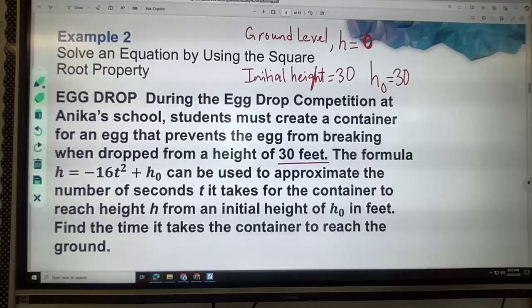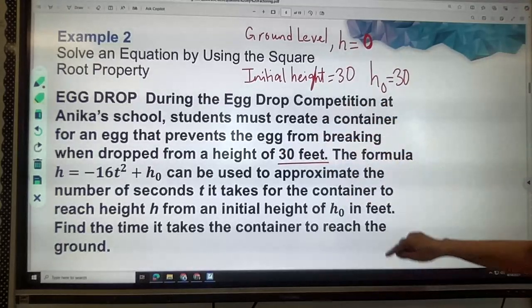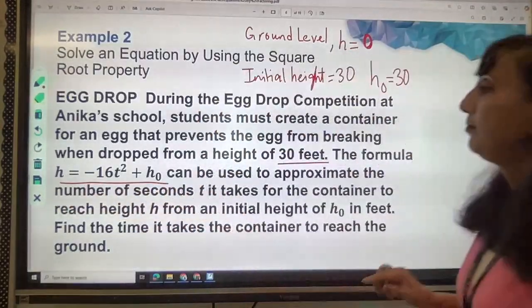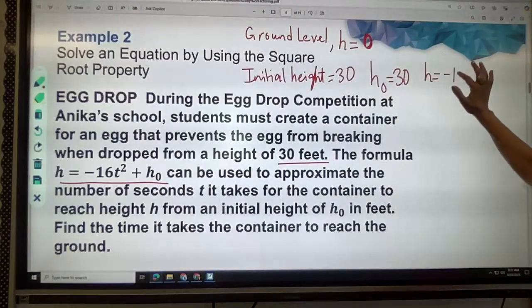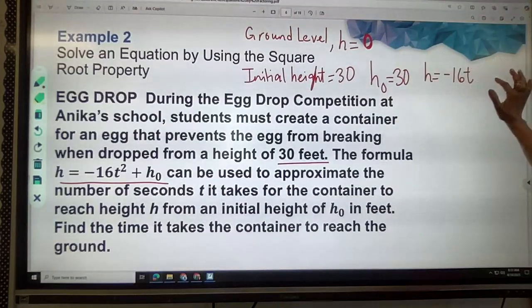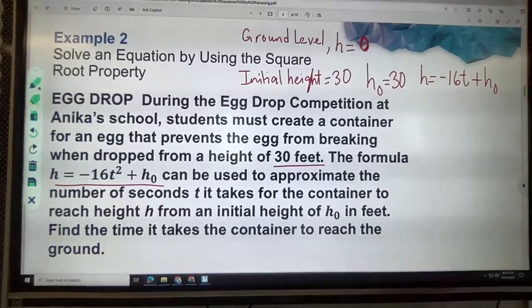All right? So therefore now, let's go ahead and write out the original equation, which is this. So we'll write that here. h is equal to negative 16t squared plus h sub 0. Okay?